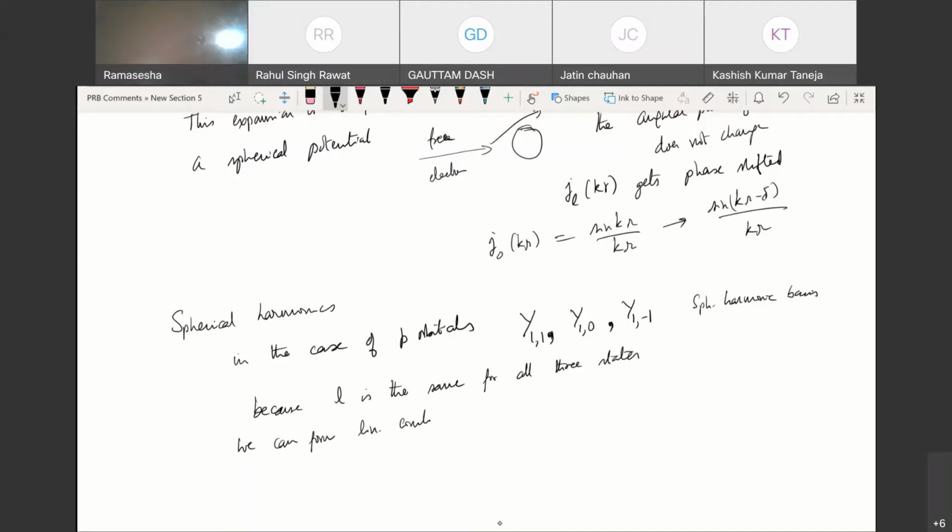The hydrogen case, hydrogen or atomic case, p orbitals are degenerate.